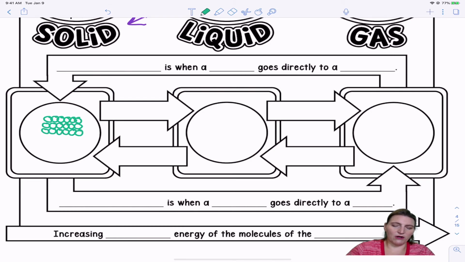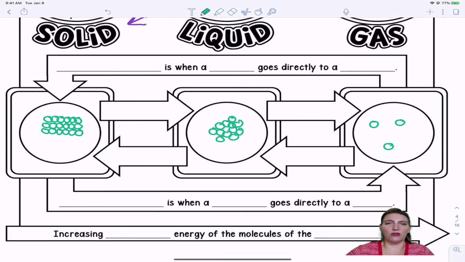So notice that the particles, the little circles that I drew, are super close together, and they're in a very close pattern. Whereas in a liquid, you're still going to see the particles relatively close together, but you shouldn't really be able to find much of a pattern to how they are. Whereas in a gas, I'm only going to draw maybe 3 circles, and sometimes I like to draw them with little lines like this, sort of just showing that they are moving quite fast.